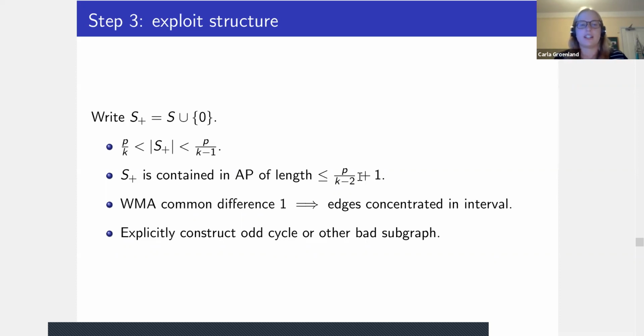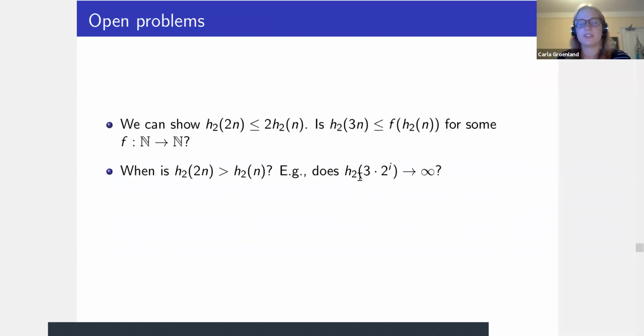yeah, in the end, I'll now mention some open questions. So we first have quite a few open questions still directly related to our work. One of the other results that we can show is that h2 of 2n is at most twice h2 of n. So we had some kind of lower bound for these factors, but for m equal to 2, we can also get some kind of upper bound.